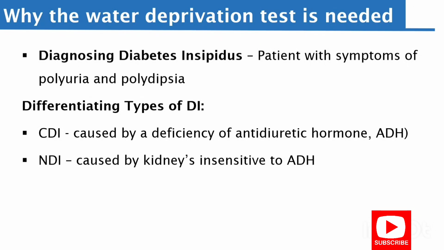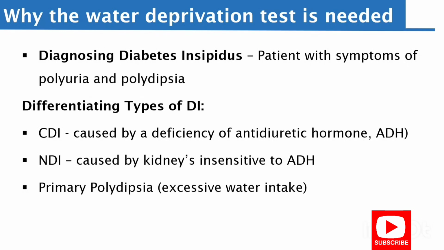Even though the anti-diuretic hormone could regulate the amount of water in the body, the kidney might be insensitive to it. And if the kidney is insensitive to it, it means it's not because of a deficiency of ADH. The kidney is simply not recognizing the stimulation of ADH, and that can lead to nephrogenic diabetes insipidus. So it helps to differentiate it.